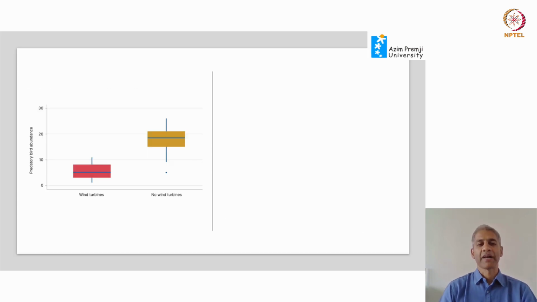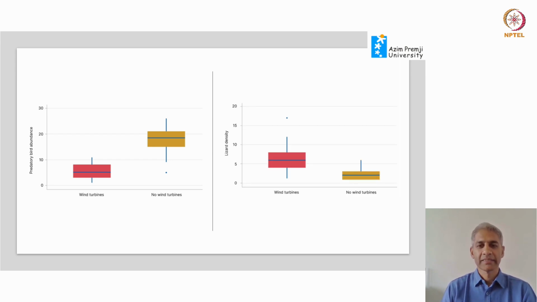So this is one of the main findings of their study: if they looked at birds of prey and their abundance, places that had the plateaus with wind farms had much less predatory bird abundance than plateaus without wind farms. Right? And that's clearly shown here in this graph. And consequently, the population seen for lizards is the opposite.